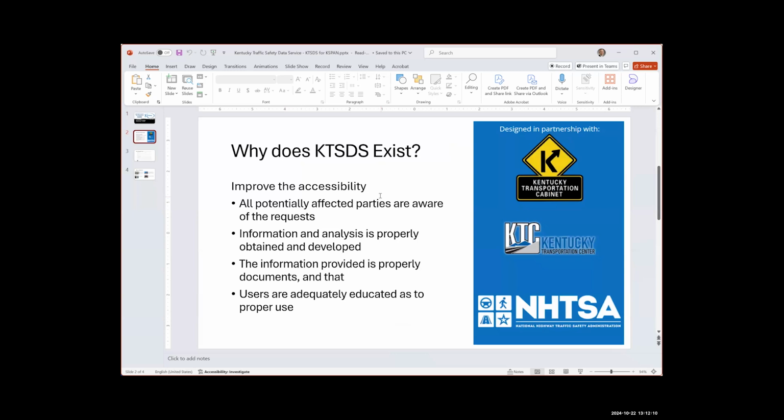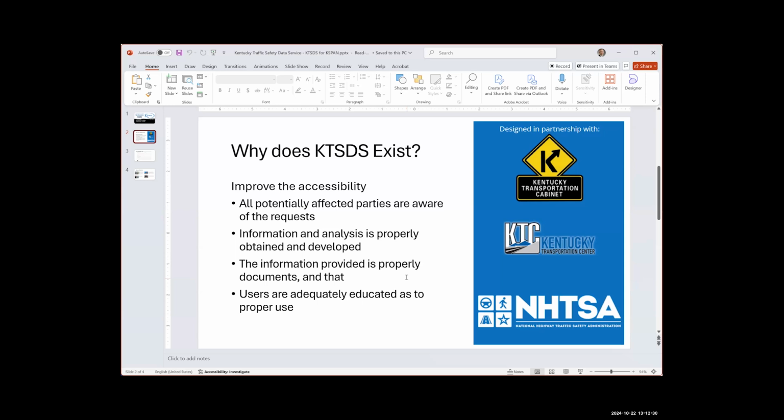And I started talking already about accessibility. I guess the intent is not necessarily just to give out data, right?